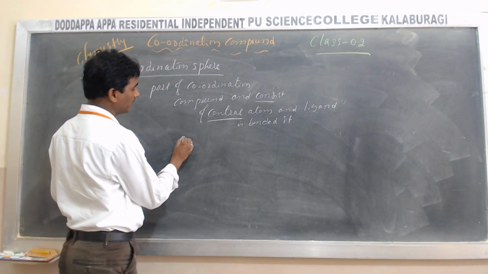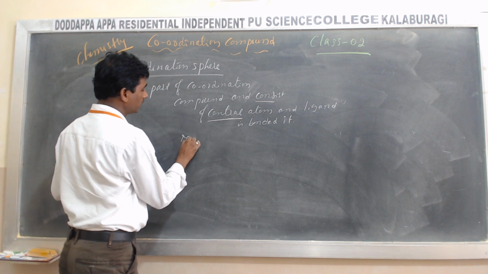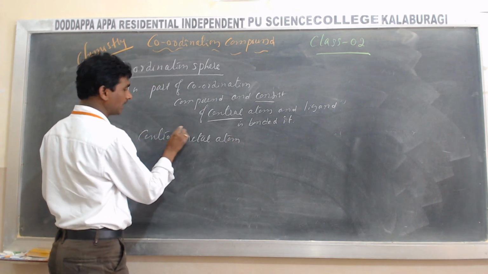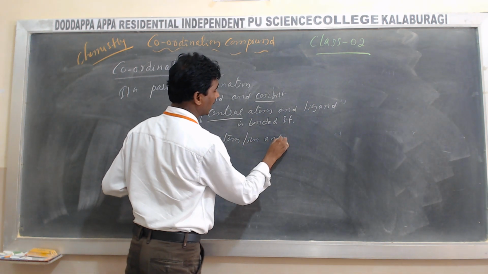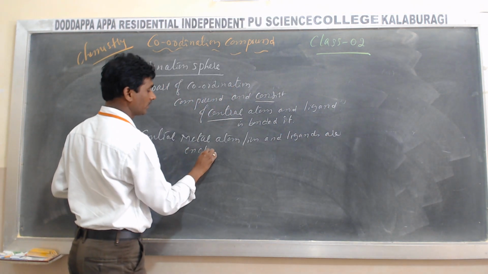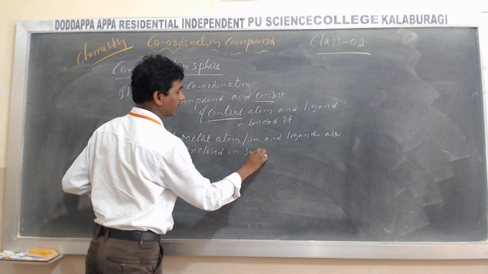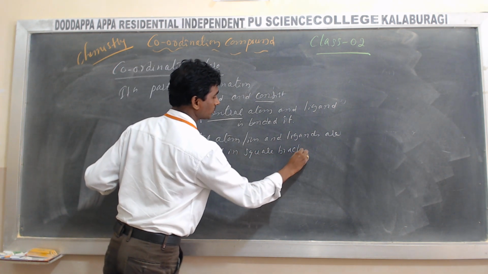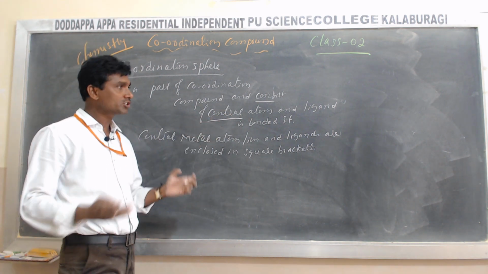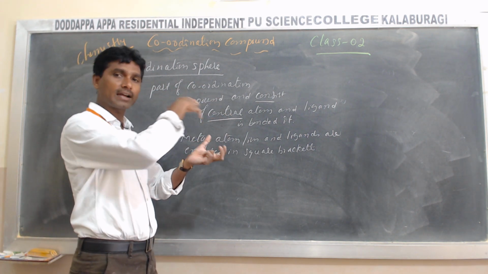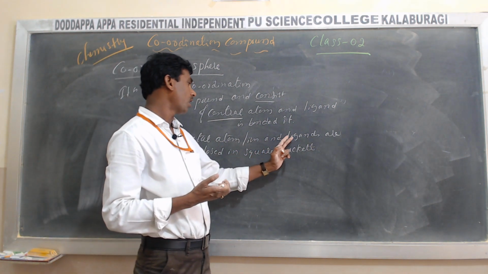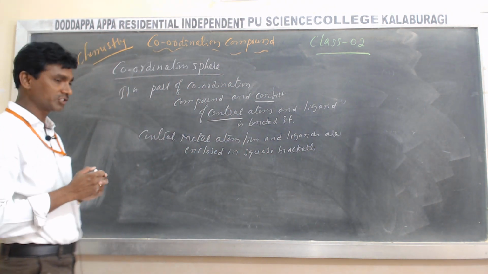In a coordination sphere, the central metal atom or ion and the ligands are enclosed in a square bracket. So it is called the coordination sphere.